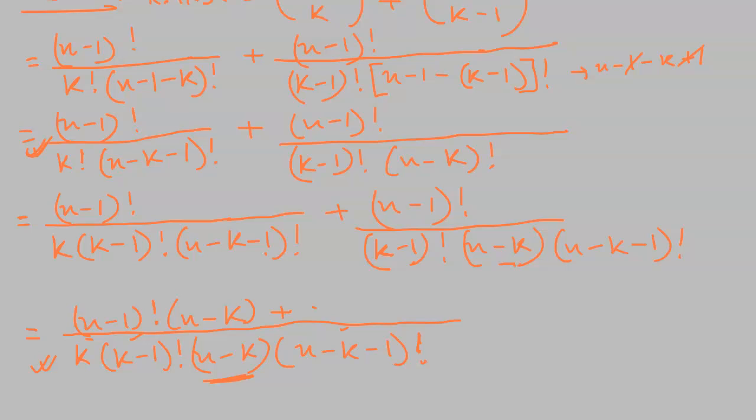Coming to the second term, it also contains this n minus 1 factorial. Now what is there in the denominator? k minus 1 factorial, n minus k, n minus k minus 1 factorial. This is the only factor that has got multiplied to this denominator.